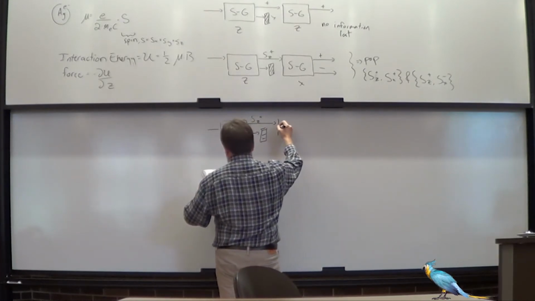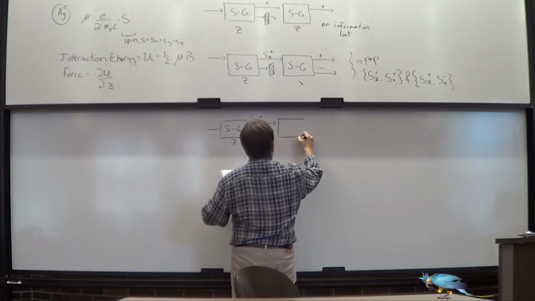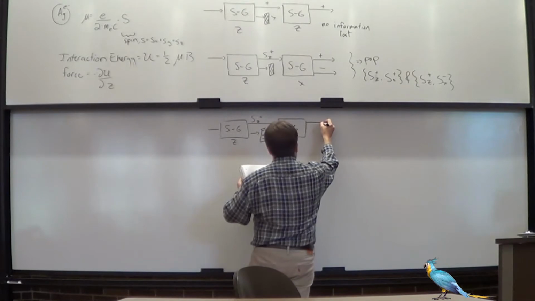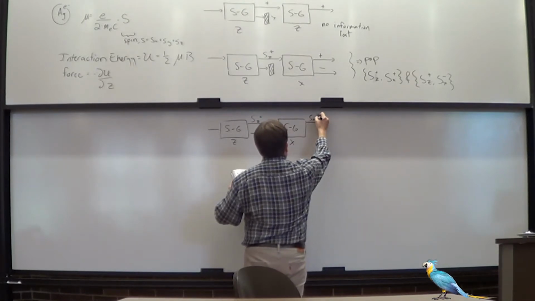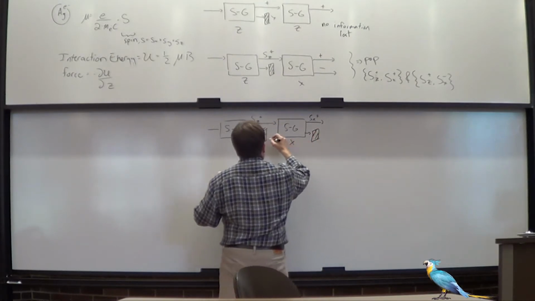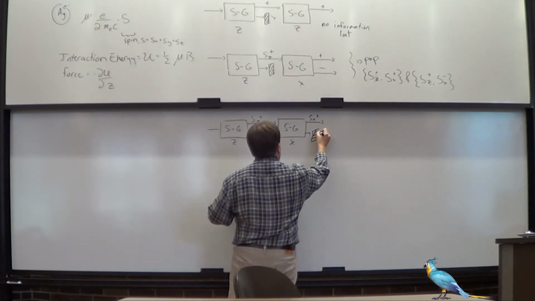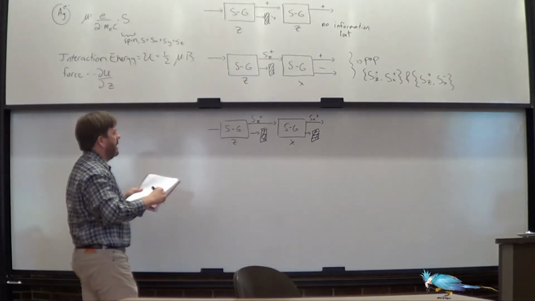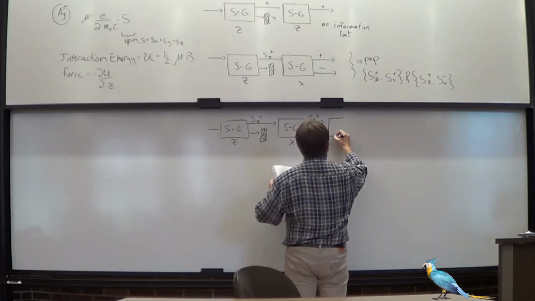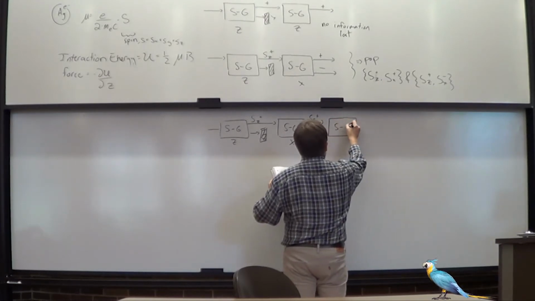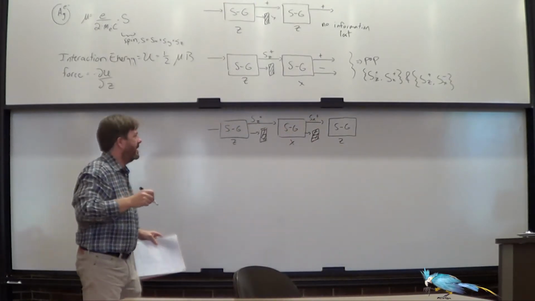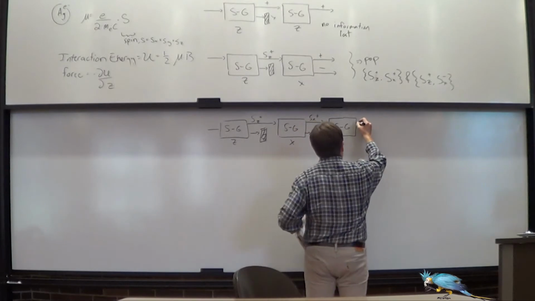Now we've got our x component, and guess what, we're going to kill off the negative in the x direction. Then we're going to add one more, and we're going to do that in z, back to z, and the Stern-Gerlach completely messes with us.